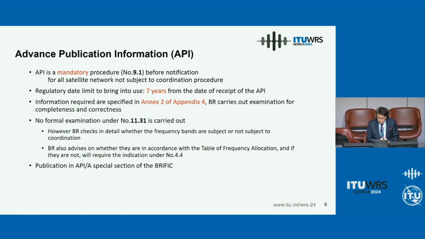When we find that any of the frequency bands submitted are not in accordance with the table of frequency allocation, we will advise the administration that they should request 4.4, which I will talk about a little more later. The result of this work we will then publish in an API special section.